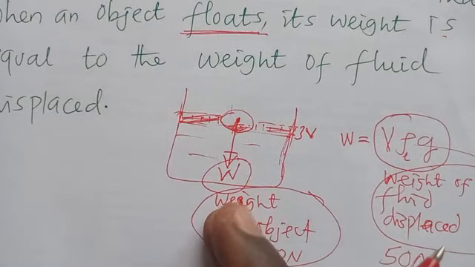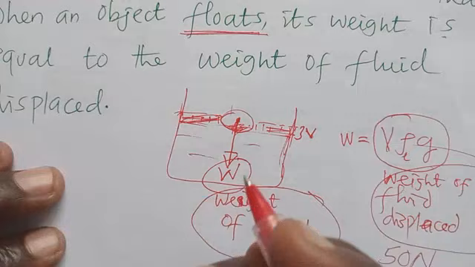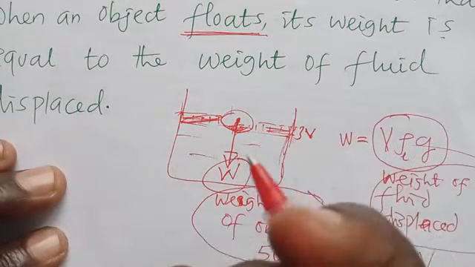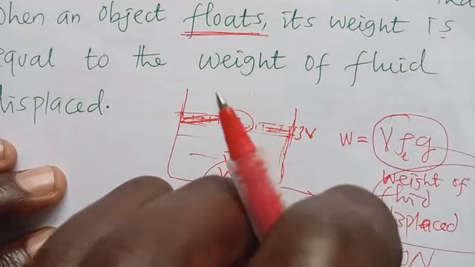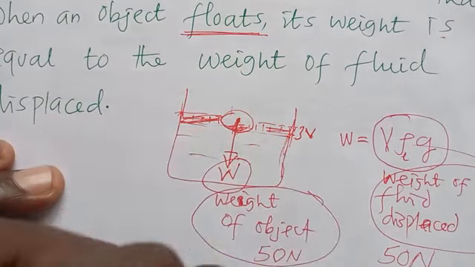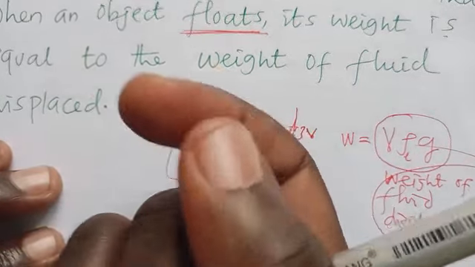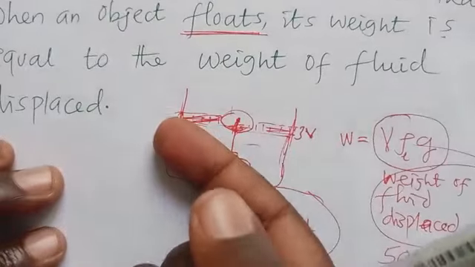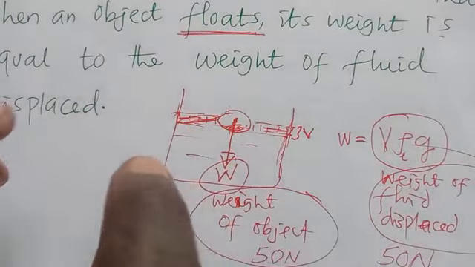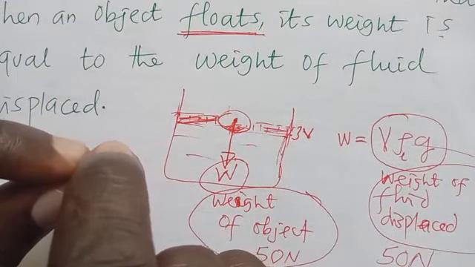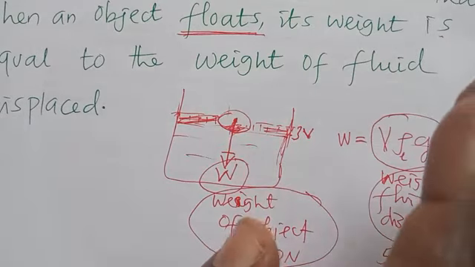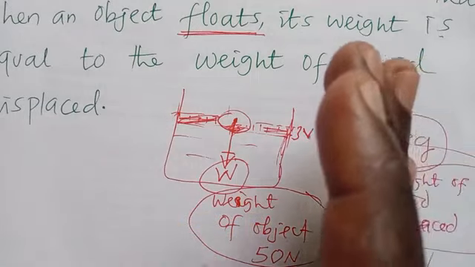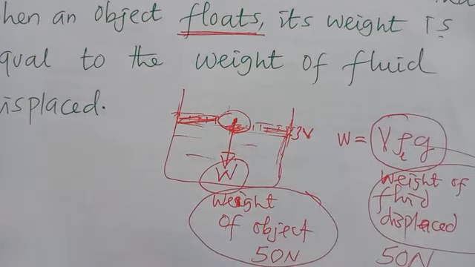But when you get another object much smaller than the ship, like an iron needle, it can sink. Why? Because from the shape of the iron needle, it does not displace a quantity of water large enough to balance its own weight.